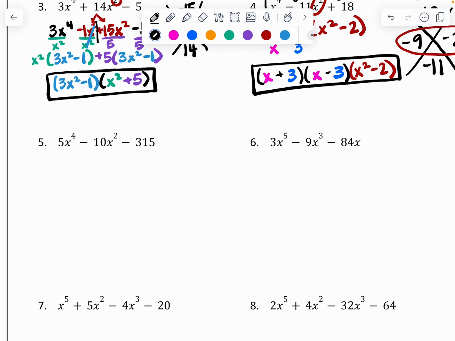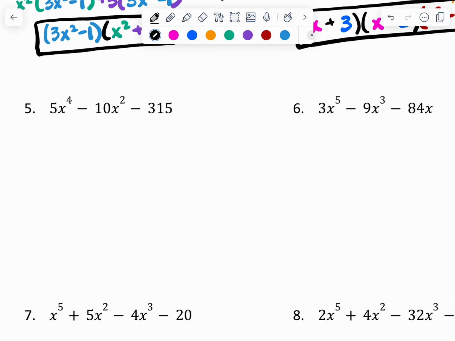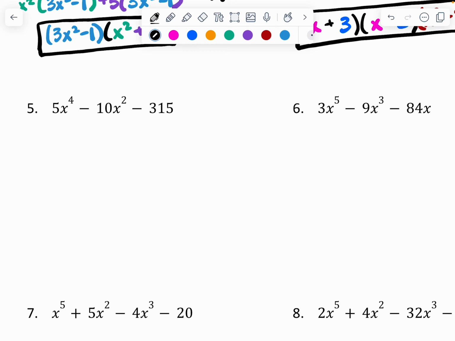Okay, number 5. We have some big numbers here, so always check to see if you can factor out a common factor. I can factor out 5 from all 3 terms.